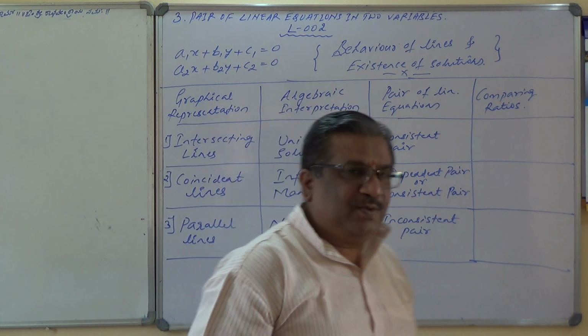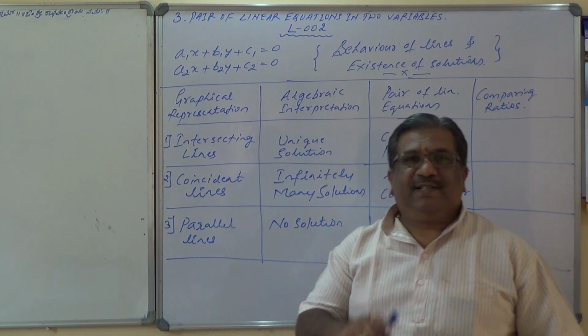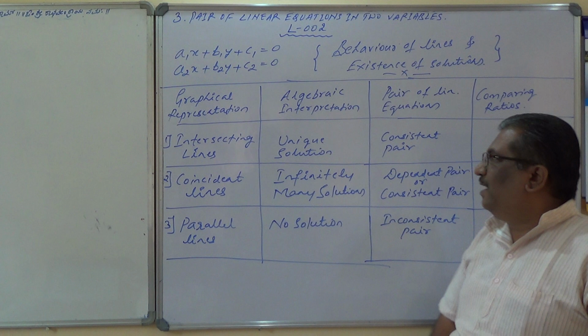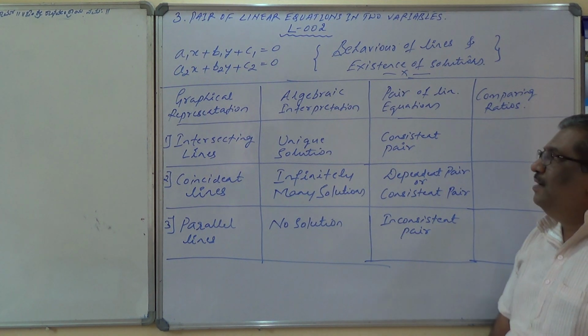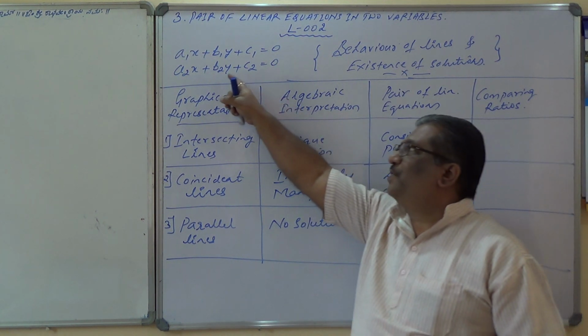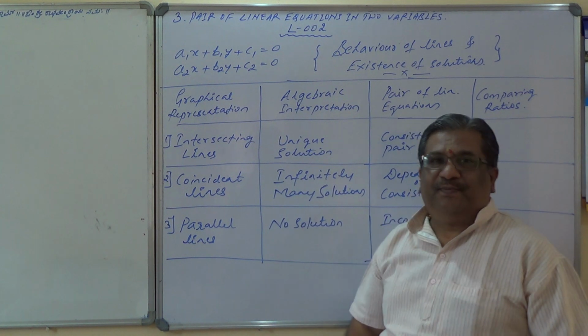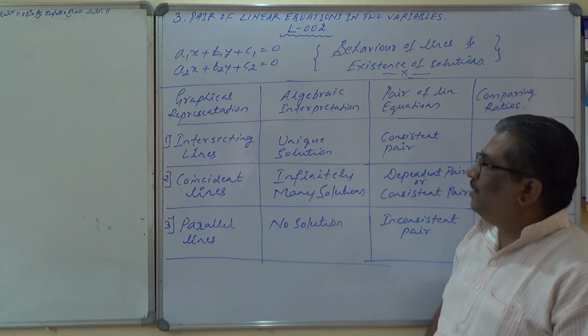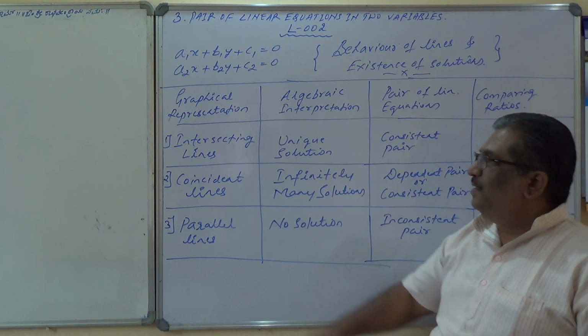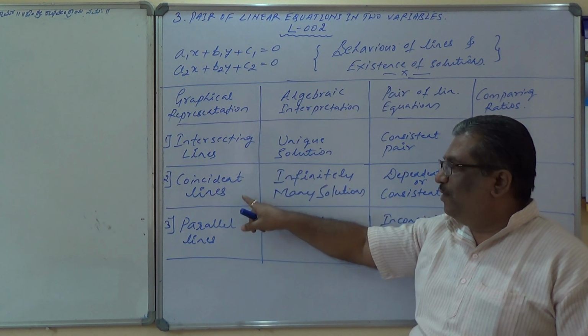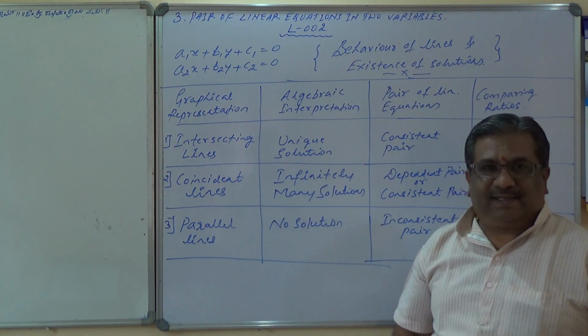But dear students, you must appreciate a fact that by taking the ratios of coefficients of the two linear equations, we would be able to conclude whether the graphs are intersecting lines, coincident lines or parallel lines.